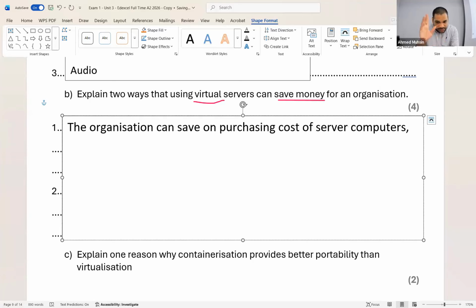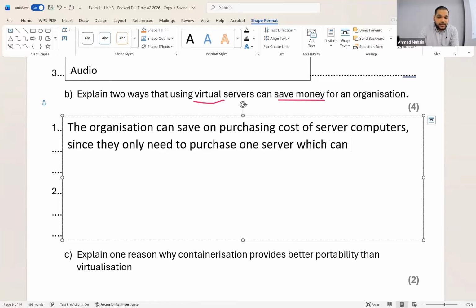Now you got your mark. Give me the second mark. Since they only need to purchase one server which can run multiple virtual servers. Okay. Right. How else are they going to be saving on cost? Sorry?